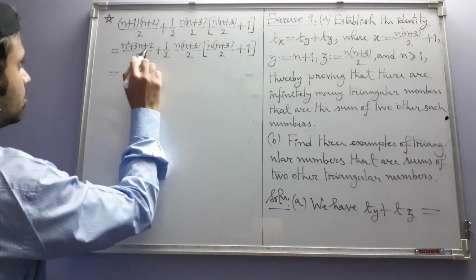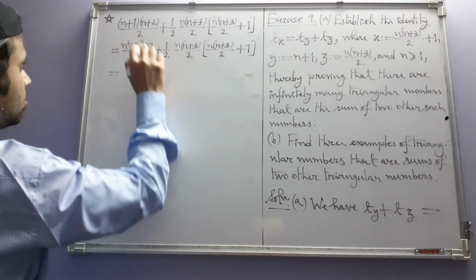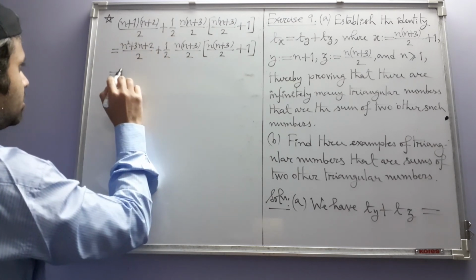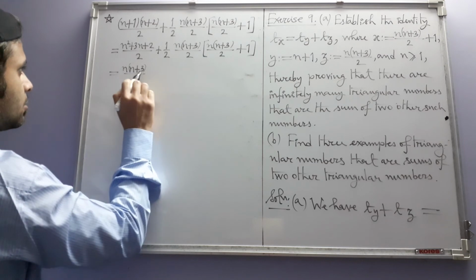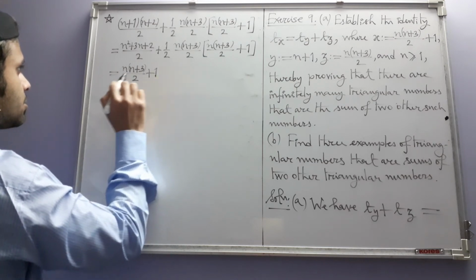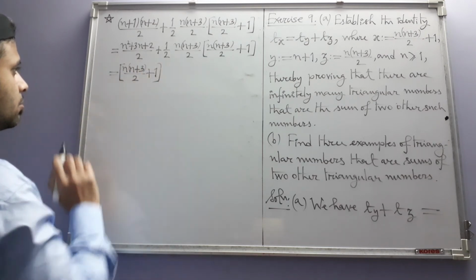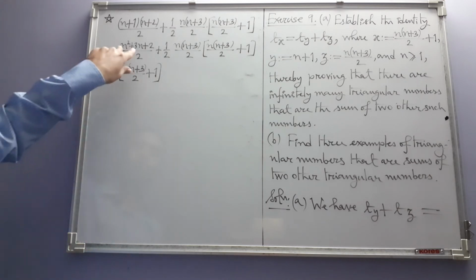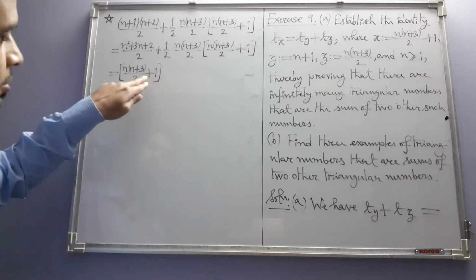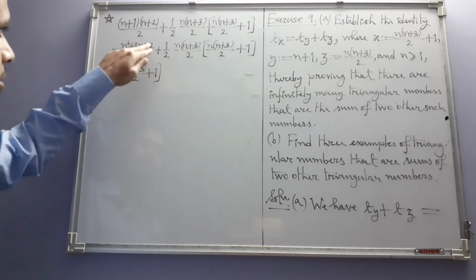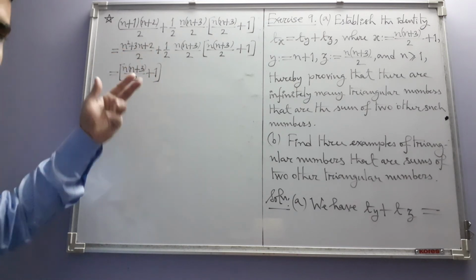Now this first quotient can be written as n times n plus 3 divided by 2 plus 1, because these first two terms give us n square plus 3n, I mean n times n plus 3, and 2 divided by 2 is 1.